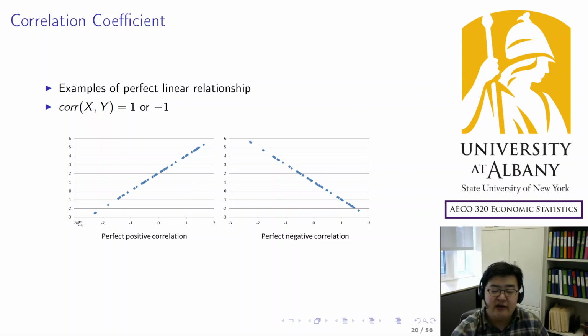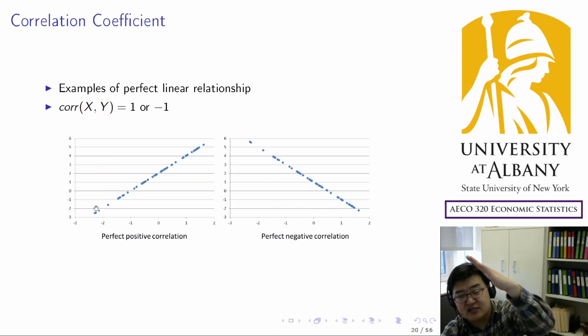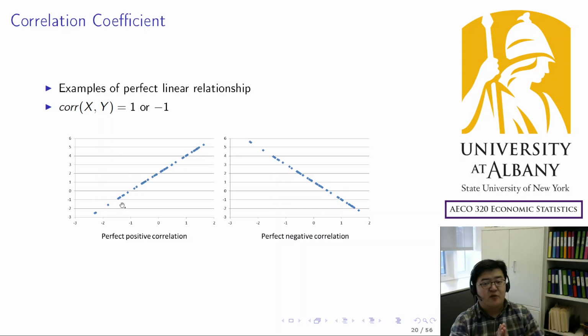If you observe data that forms a perfect straight line, so all the dots are aligned in a perfect straight line, then the correlation coefficient is either +1 or -1, depending on whether it's upward sloping or downward sloping.